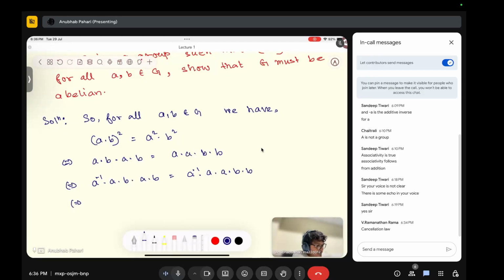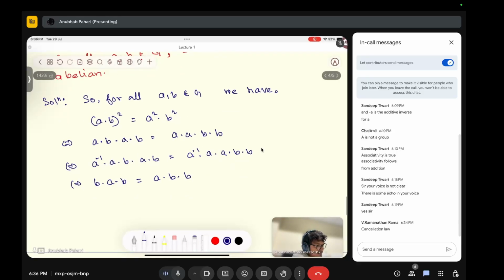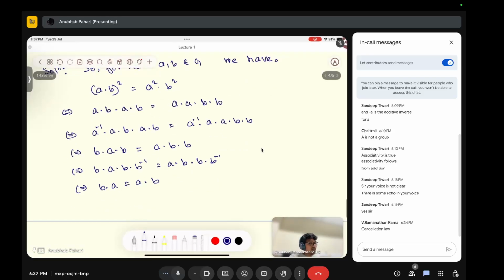So this should be e, this should be e, this should be e. So we ignore them and it becomes b.a.b equals a.b.b. Now again you apply right cancellation law, that is b.a.b.b inverse equals a.b.b.b inverse, and it becomes b.a equals a.b. So we are done, right?